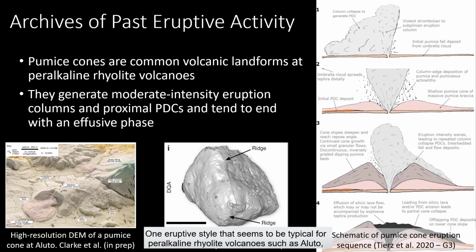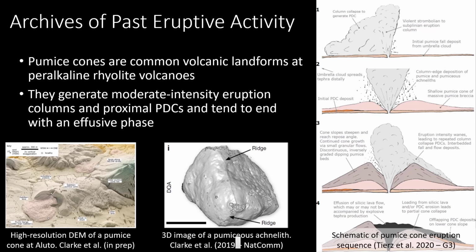One eruptive style that seems to be typical for peralkaline rhyolite volcanoes, such as Aluto, is the formation of so-called pumice cones. Instead of generating full-blown Plinian eruptions, like we sometimes find at trachyte volcanoes, these pumice cones tend to generate moderate intensity but unsteady eruption columns that may collapse and form pyroclastic density currents.